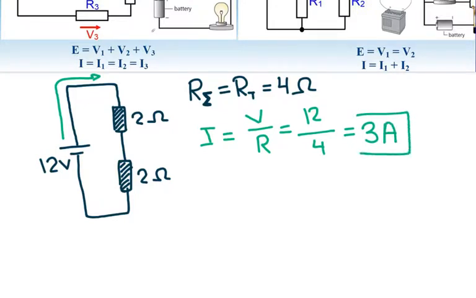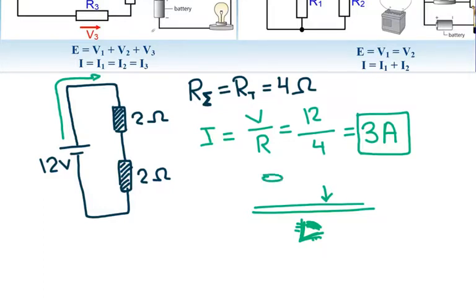So what does 3 amps mean? 3 amps means that if there was a wire and there was some specific point that I'm looking at, let's say the observer is looking at this point. When I say coulombs, I mean the buckets of electrons.